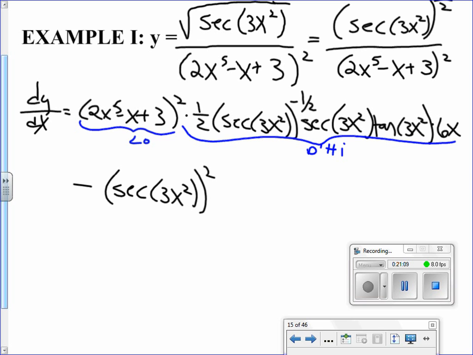So it'll be times 2x to the 5th minus x plus 3 all to the first power. Right. Times 10x, oh wait, 10x what? To the 4th minus 1.